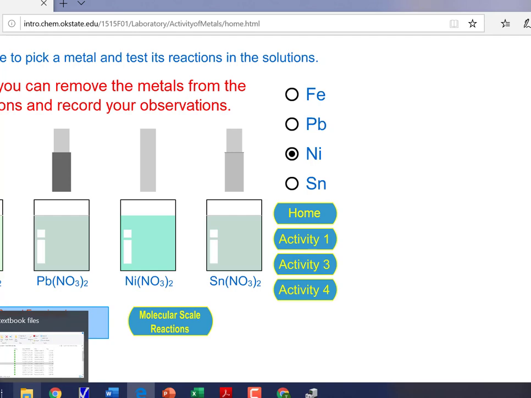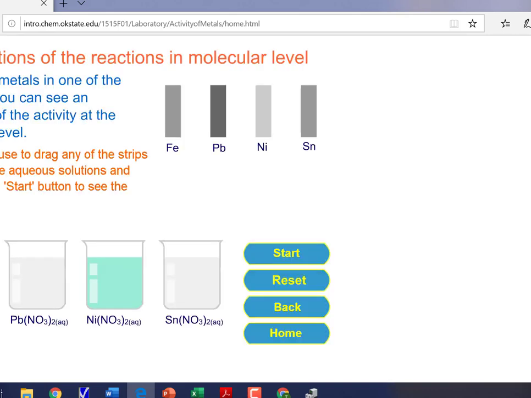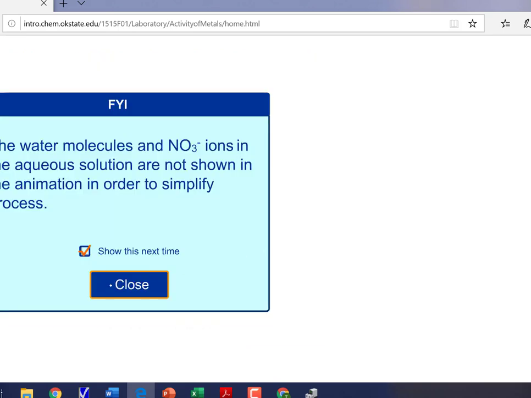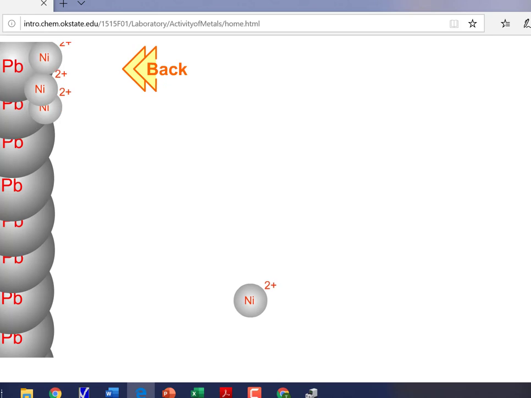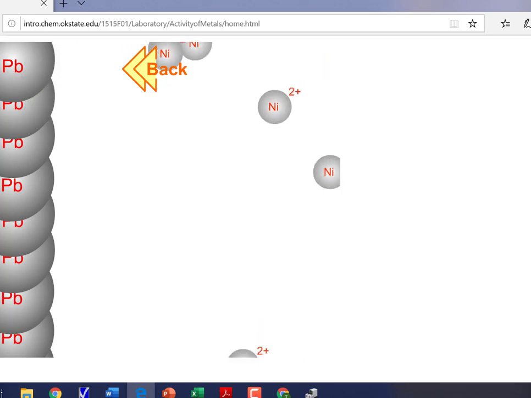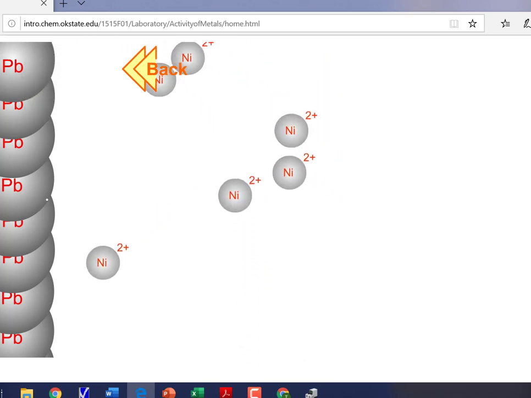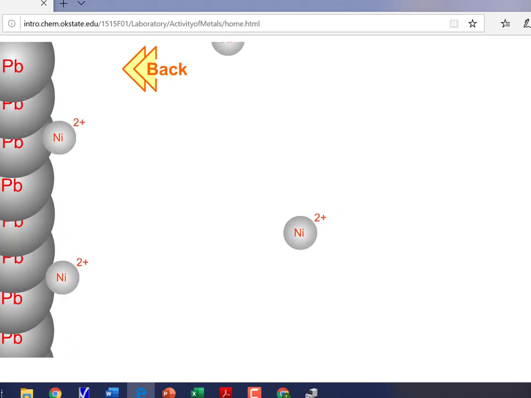Here's what's really going on. Okay? When I put the lead into the nickel nitrate, what's happening is nickel ions, 2+, are coming upon neutral lead and stealing the lead. They're not stealing anything.